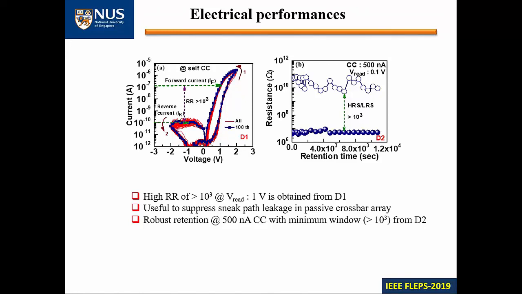And this will be useful to suppress the sneak path leakage. Also in D2, you can see from the right figure the robust retention at a relatively low, 500 nanoampere CC level, with quite a large memory window.